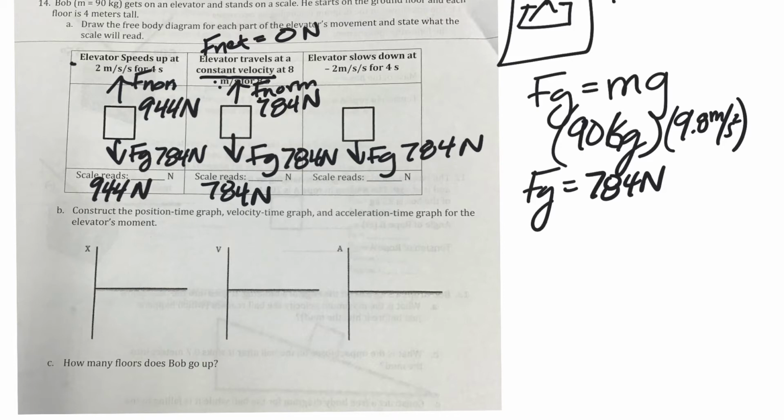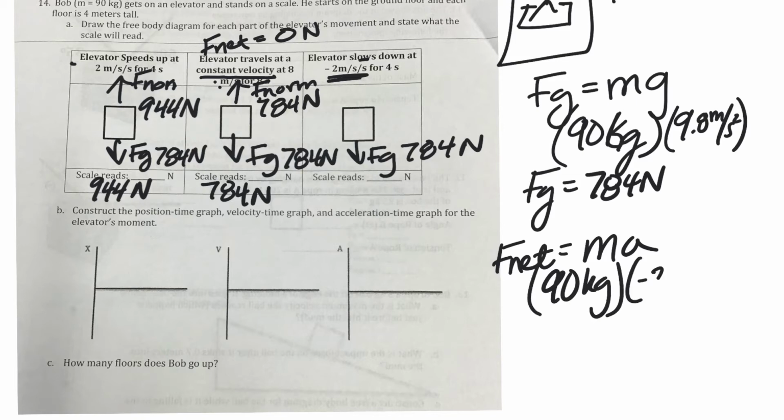Now for the last one, we're slowing down. We have a negative acceleration of -2. So it's the same deal as the first part. We're going to find our net force from our mass times our acceleration. Our mass of Bob was 90 kilograms. This time our acceleration is -2 meters per second squared, and we multiply that and get negative 180 newtons for our net force.